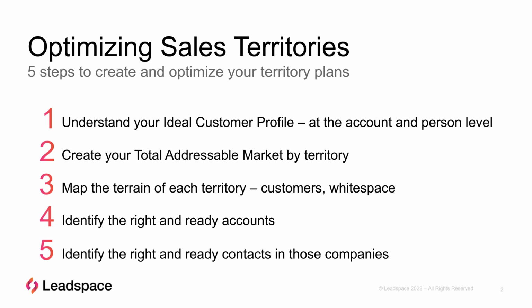So the 5 steps start pretty basically with understanding and identifying your ideal customer profile, then looking at how that is applied against your total addressable market. And you want to do that at the territory level. Then you want to map the, as we call it, the terrain of the territory. Who are the customers, who's in market, what's white space, all of that kind of good stuff.